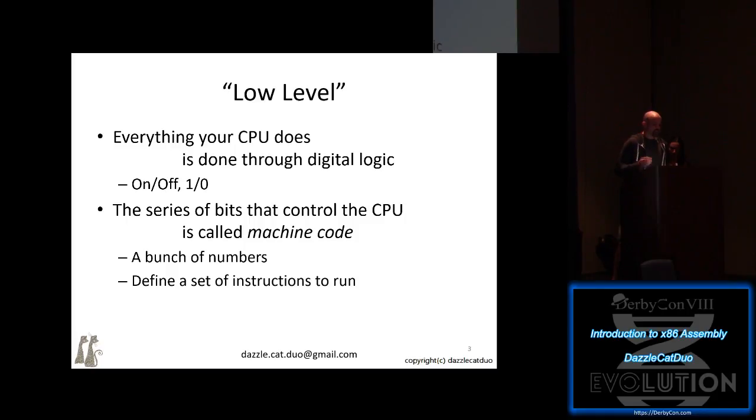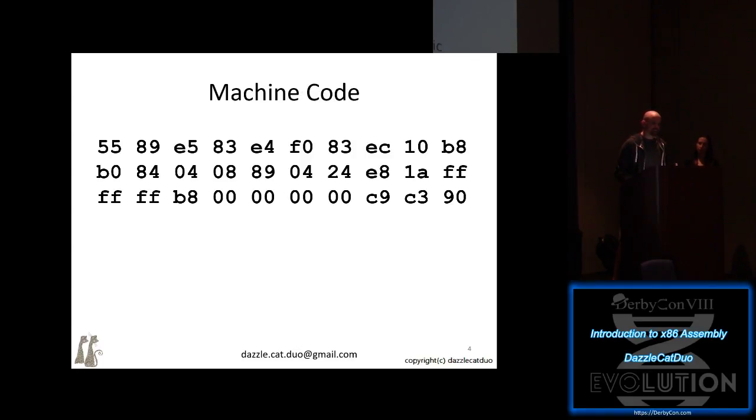Now, the way a computer chip is designed is it's designed to accept a stream of these ones and zeros and do things based on the specific stream that you give it. If you think about a stream of ones and zeros, essentially what you have is just a bunch of numbers that ultimately tell your CPU what to do. So we call those numbers machine code. And if you break those bits, those ones and zeros, into groups of 8 and change it into hexadecimal, you end up with something that looks like this.